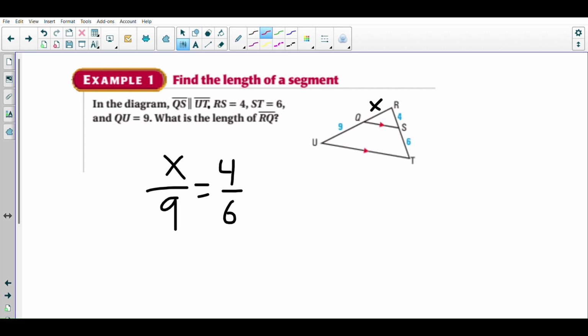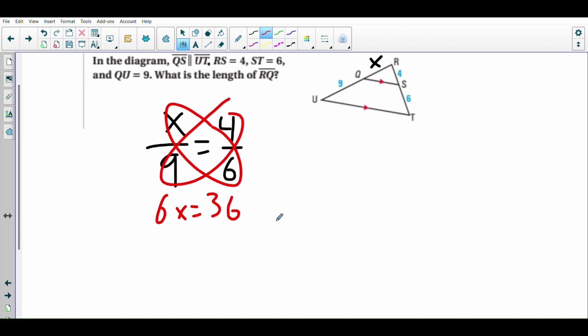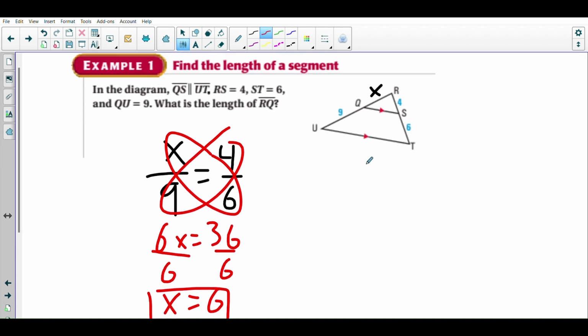Then we do some basic cross multiplication. So 6x is equal to 4 times 9, which is 36. We divide by 6 on both sides, so x is equal to 6. And that's it. We just used the proportionality theorem, because RQ represented 6.